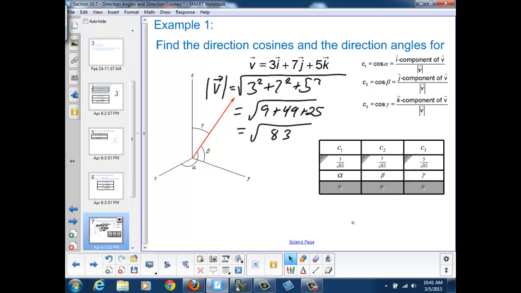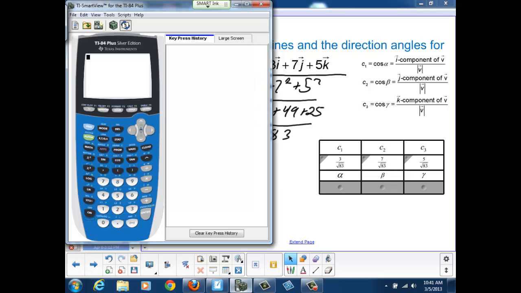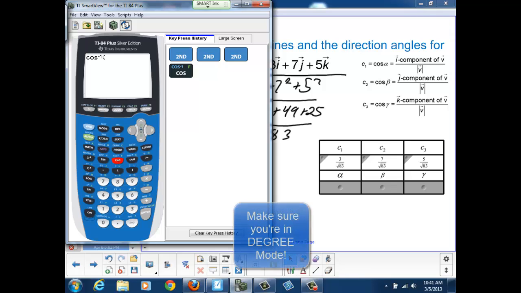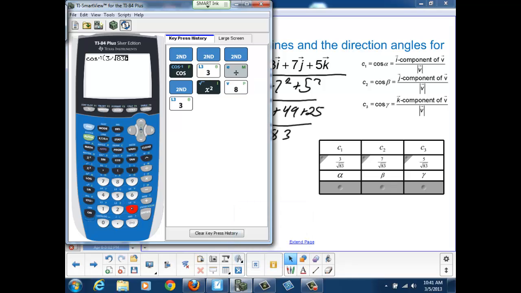So let's pull out our calculators. We'll start with the inverse cosine of 3 over the square root of 83. So our first angle is 70.774 degrees.